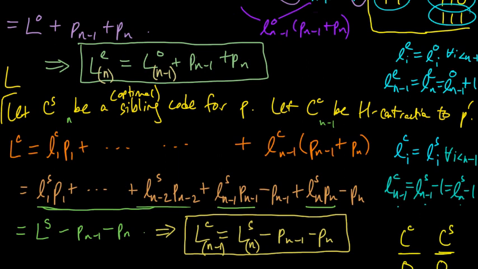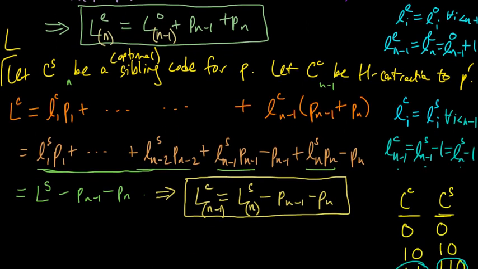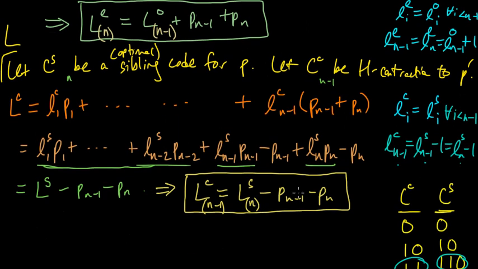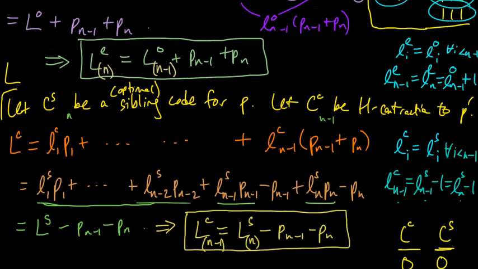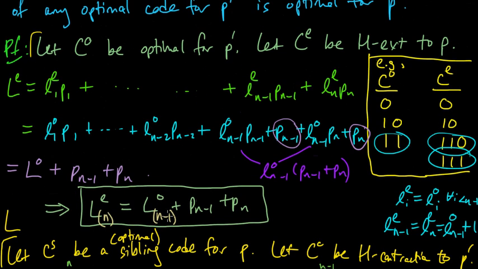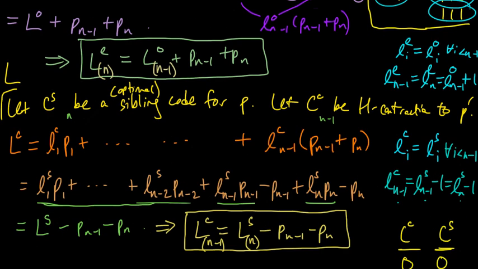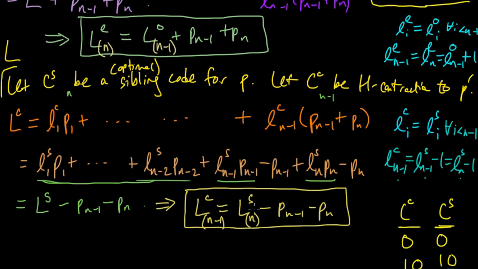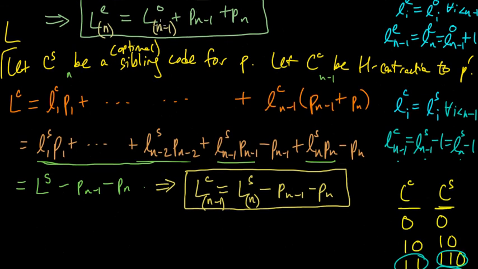Alright. Now, how can we combine these two? Well, we know C_0 was optimal, and we know that the sibling code is optimal. So maybe we can use that. So let's combine these two expressions.